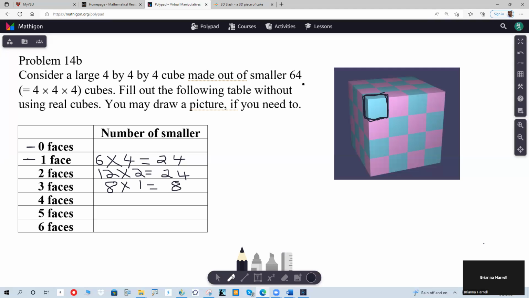Now, altogether, there are 64 cubes. By the way, none of the cubes will show 4 faces. You just write 0. None of the cubes will show 5 faces. You just write 0. None of the cubes will show 6 faces. You just write 0. Now, when you add all this together, you're going to get 24 plus 24 is 48.